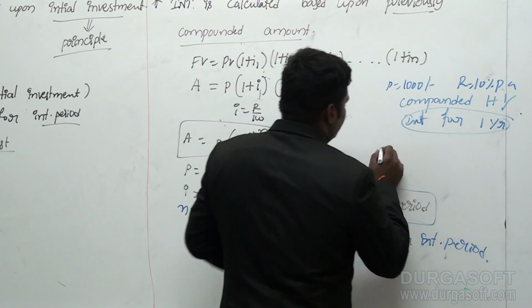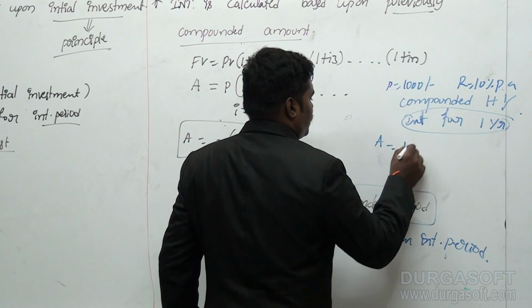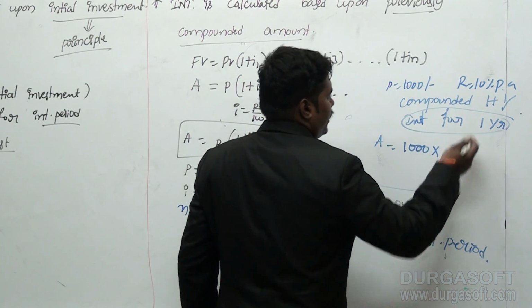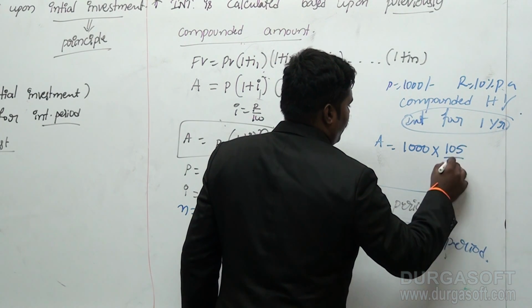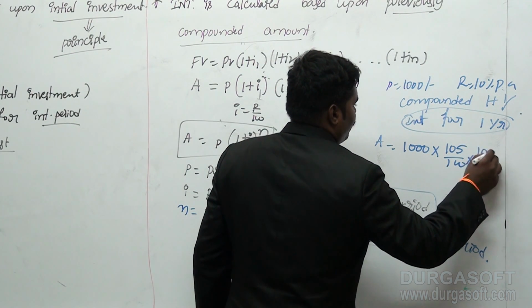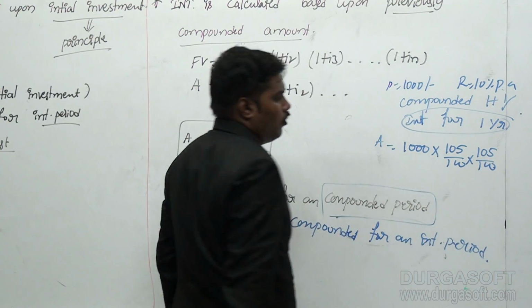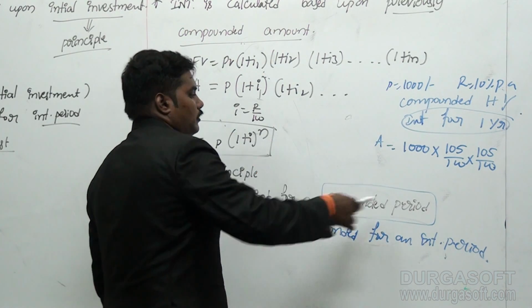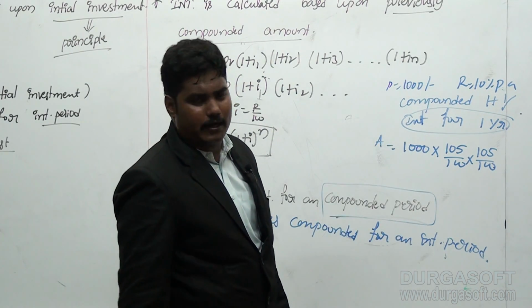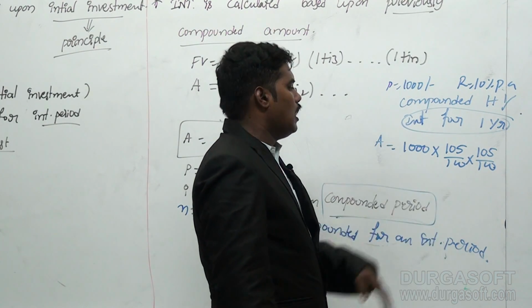So in the formula, amount A is equal to principal 1000 into, for half year it is 5%, that is 105 by 100 into 105 by 100, for 1 year. Directly, the n value is twice, so I can write 105 square as 105 into 105, 100 square as 100 into 100.